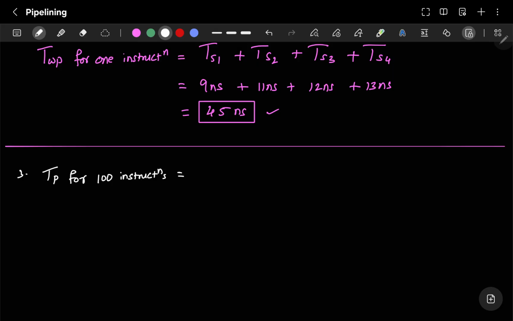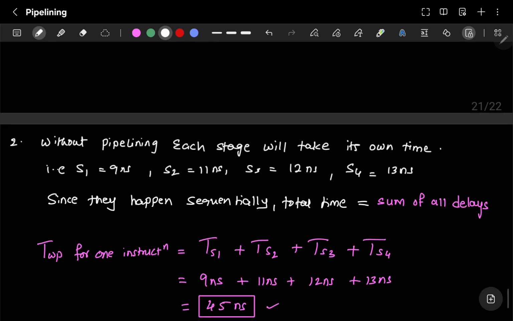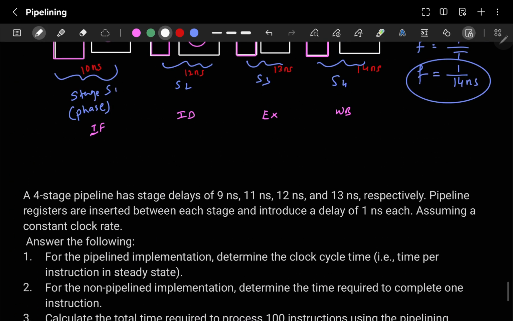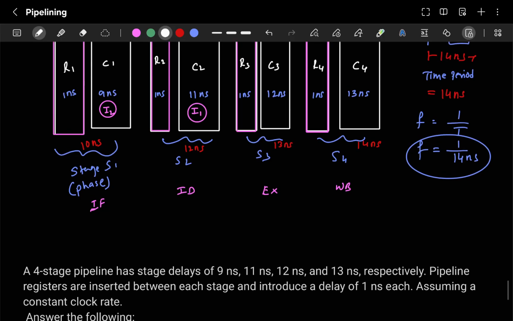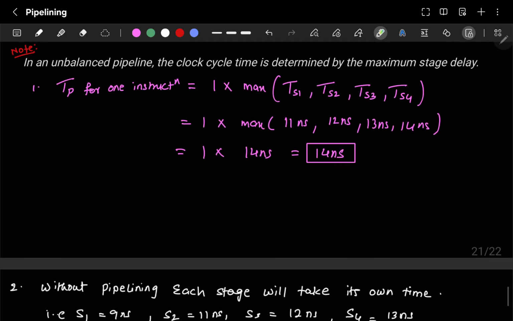When you are using pipelining, the first instruction will take 4 phases to come out, right? At the beginning, the first instruction will take all 4 stages to complete its execution. It means it will take 4 clock cycles.